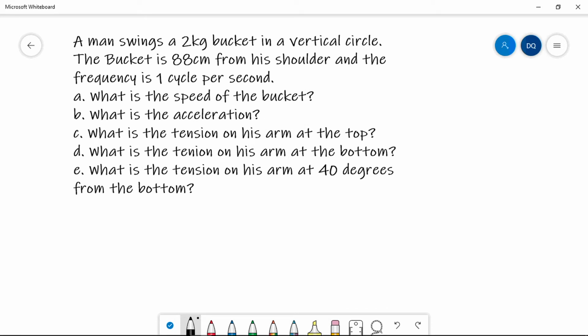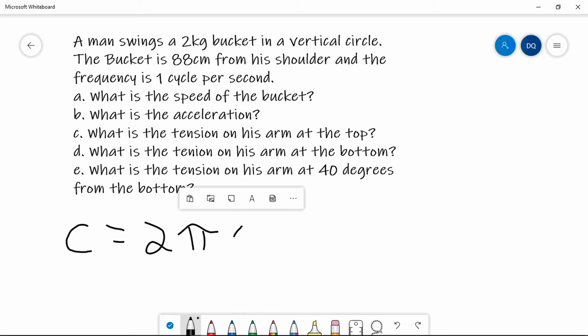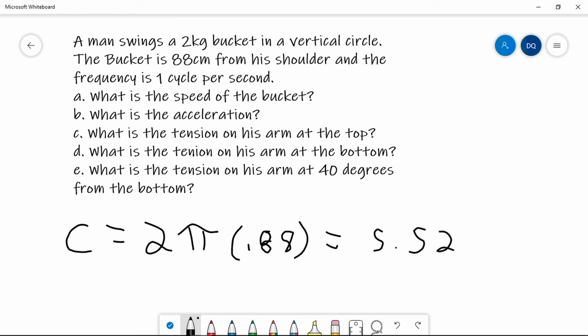So first off, let's find the speed of this bucket. What we do know is that the circumference is 2 times pi times the radius, and our radius is 88 centimeters, which is 0.88 meters. So we have a circumference of 5.529 meters.